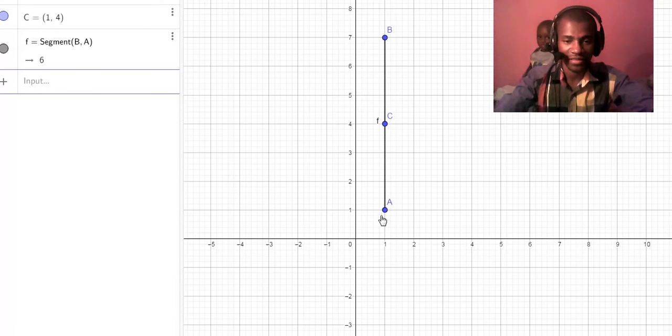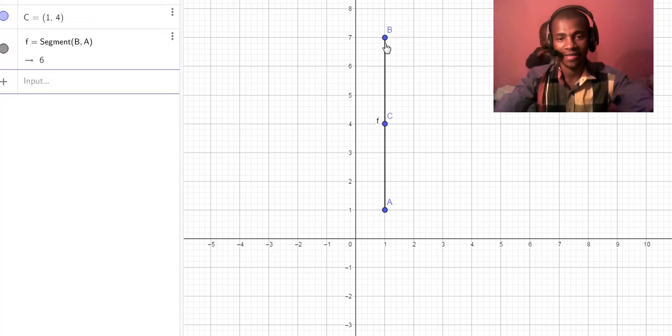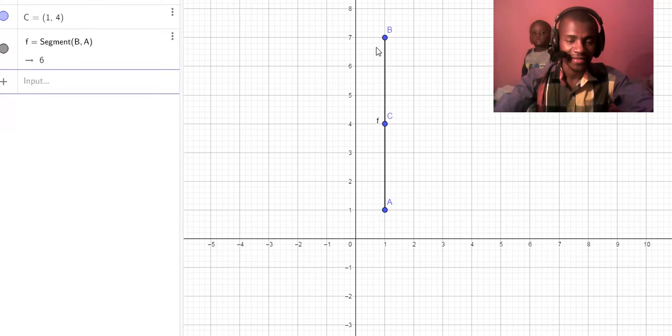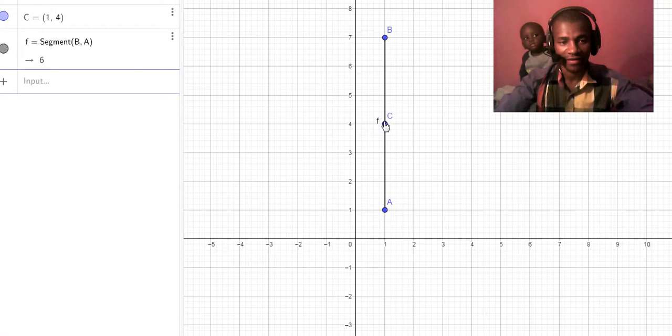The points, as I said earlier, are at (1, 1) and (1, 7). This is the minor line, or the shorter line. We should also know that if we divide this line in the middle, we get the midpoint, where the major and the minor intersect, at the center.